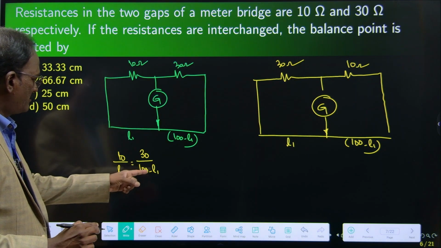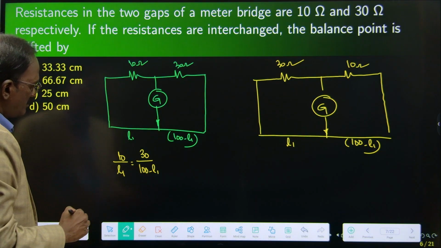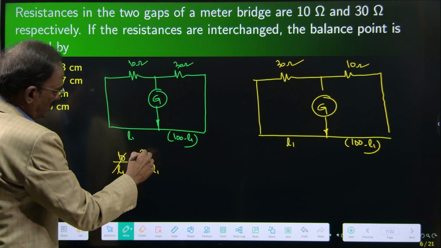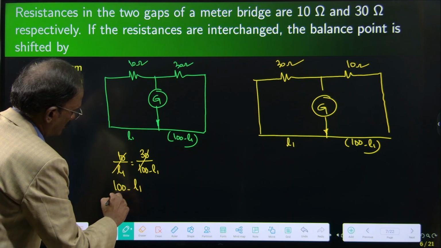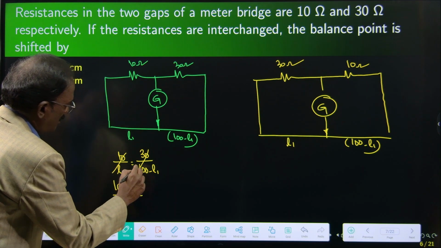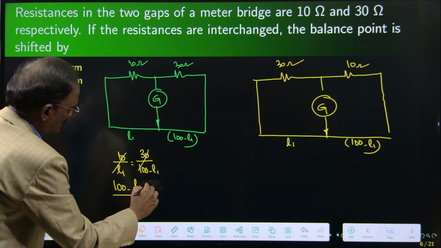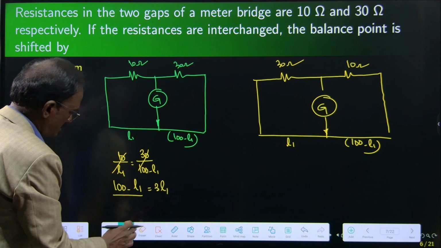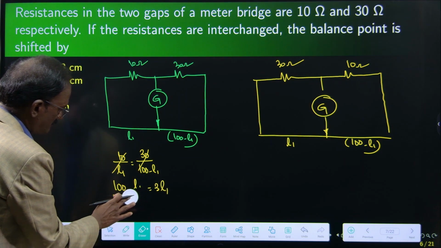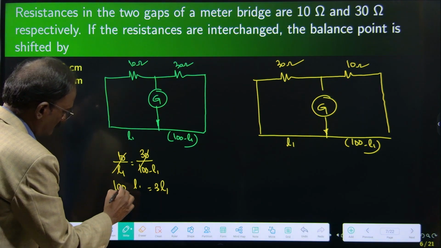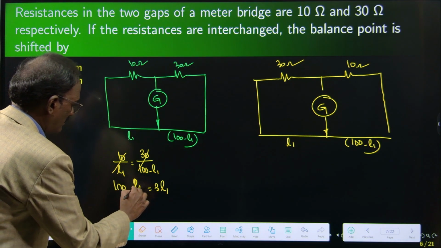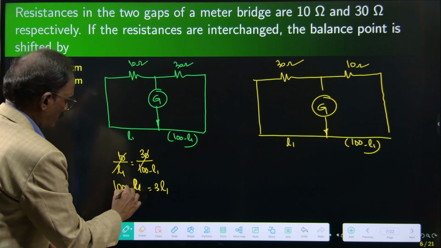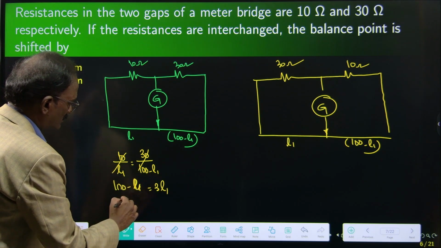So only one variable, L1, is the only variable. We can find it easily. 0 I am removing. 100 minus L1 is equal to 3L1. Easily we can write this way. 100 minus L1 is equal to 3L1.